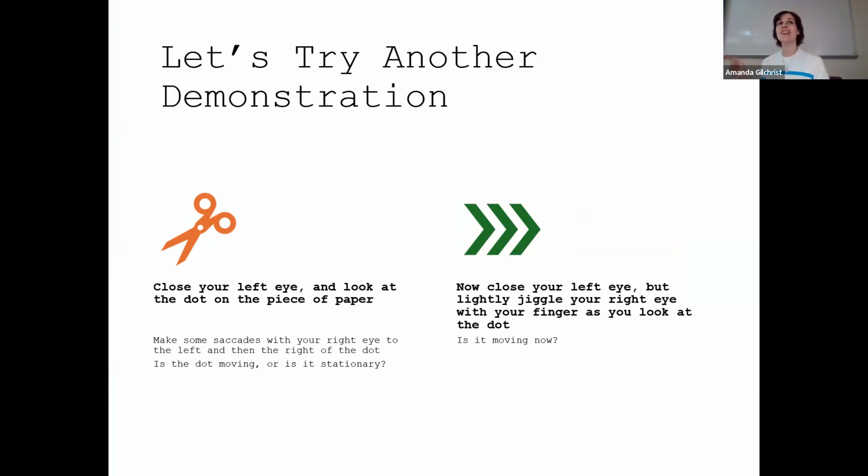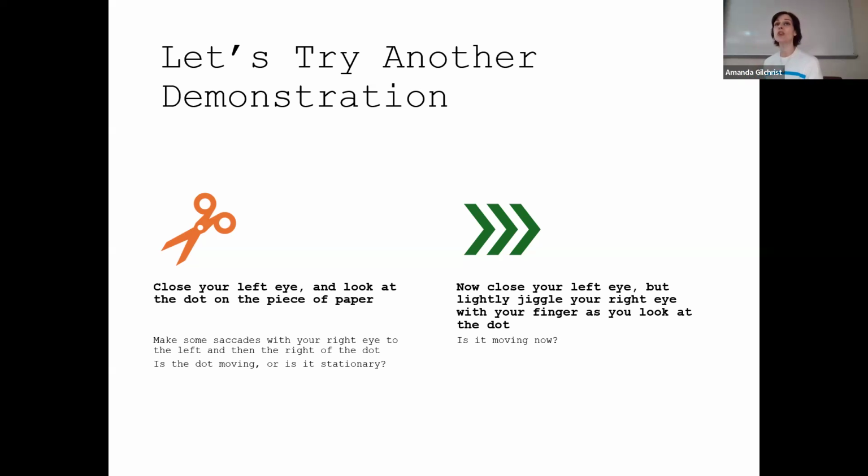Now, we're going to try another demonstration. Go back to your dot. I want you to close your left eye, and look at the dot that you drew on that piece of paper or on your phone or wherever. Now, make some saccades with your right eye to the left and to the right of the dot.